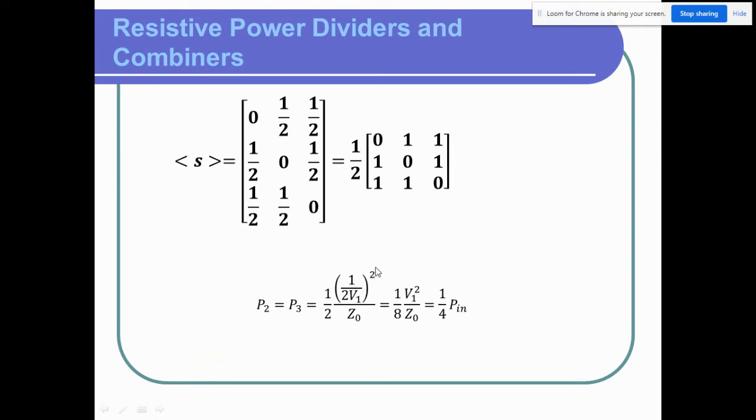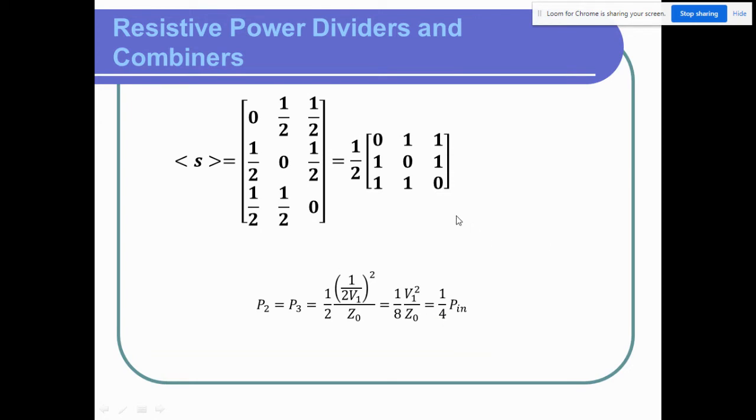So squared, it becomes half of the P in, one fourth of the P in. It means P2 and P4 will have only one fourth of the input power. So half of the power will be lost in the circuit.